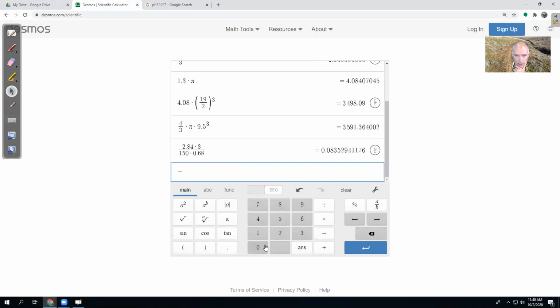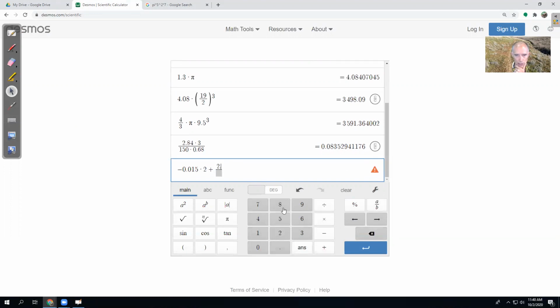Try again. 0.015 times 2 plus fraction 2 point. And on your computer, you can actually type on the keyboard instead of the keypad to make things happen. Times 3 divided by 150 times 0.68. And if I click the right buttons, I should get the same answer as before.